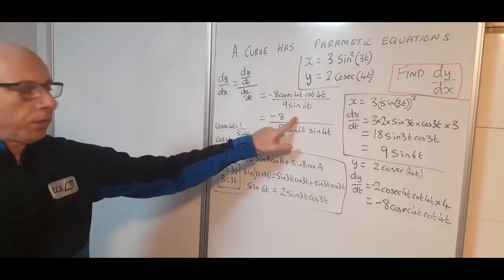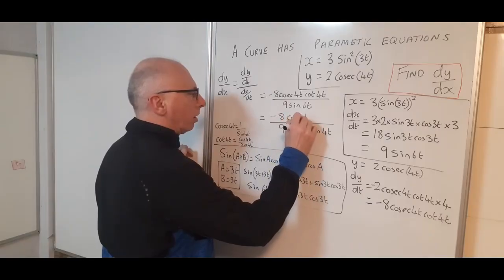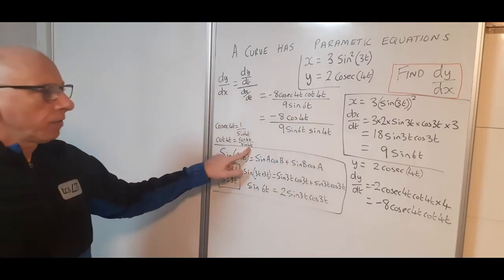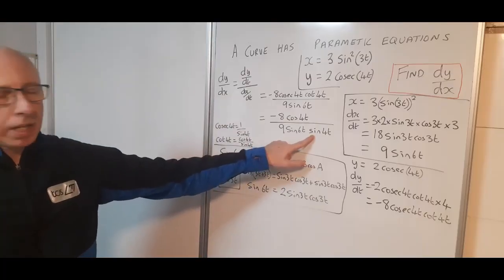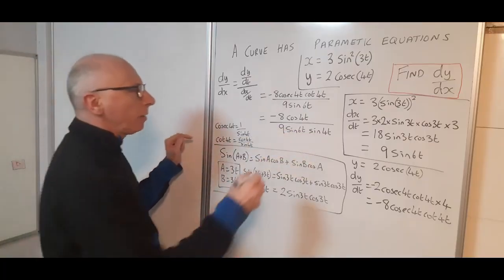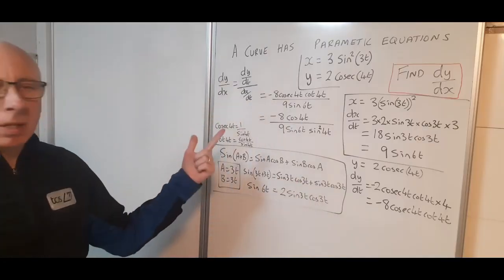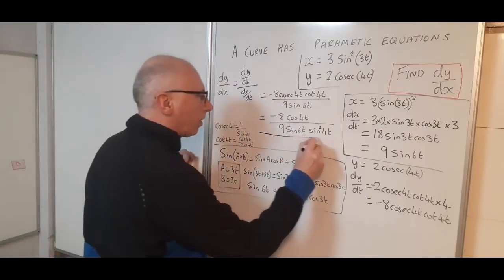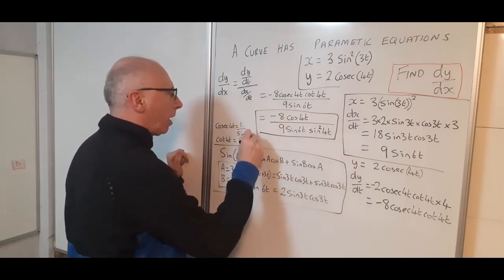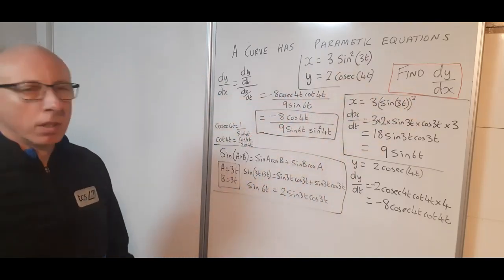So I can put cosine 4t in my numerator, and then I've got another sine 4t I can put in my denominator. So instead of writing another one, I just multiply it by this one, and then it'll be squared. And that will be my answer for my dy/dx of this parametric equation. Okay.